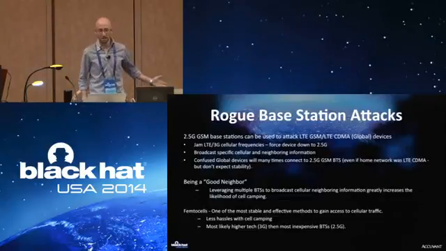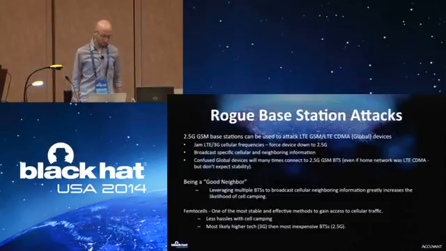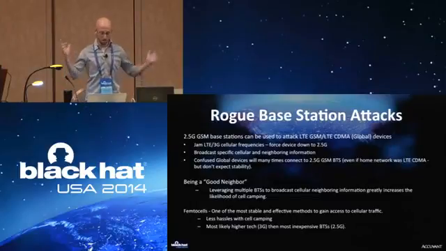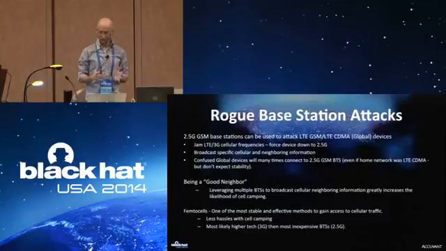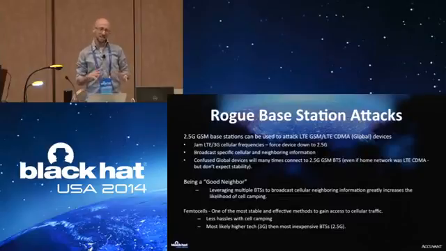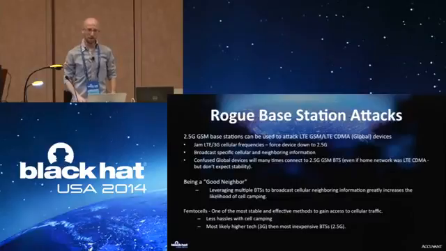More or less, that's EDGE with data. But to do that, we have to broadcast weird cellular configs and some interesting neighboring information. They get confused, drop down. GSM devices are more stable; LTE and CDMA start to get a little funny, but if you work fast, it doesn't really matter.